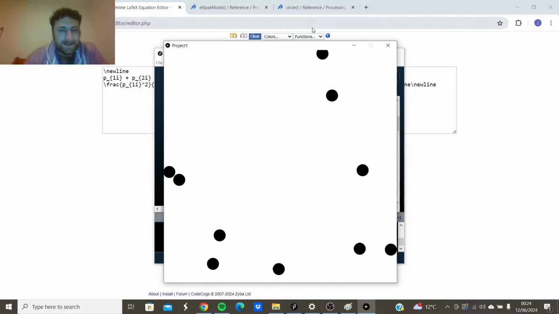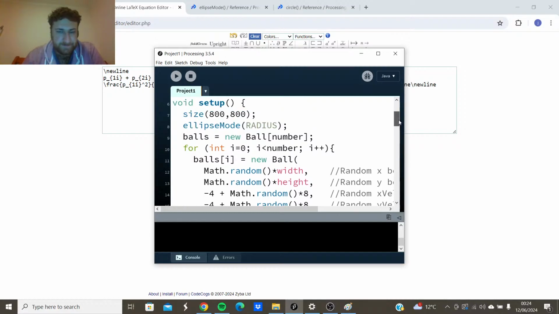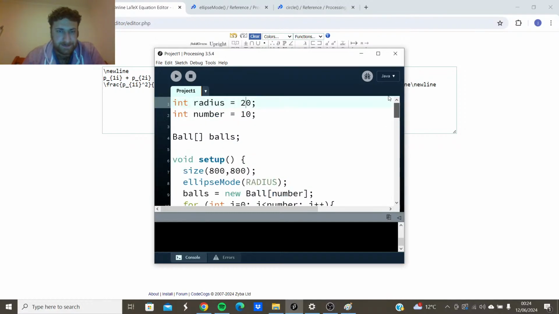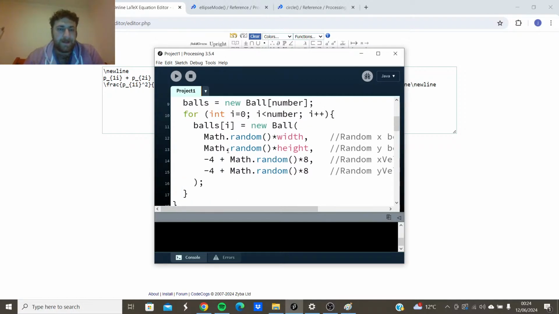All right. So with that out of the way, we actually want to ignore this for the time being, I think. And we just want to have two balls facing each other.